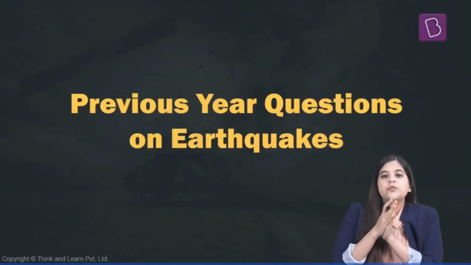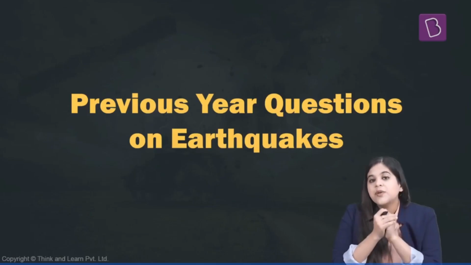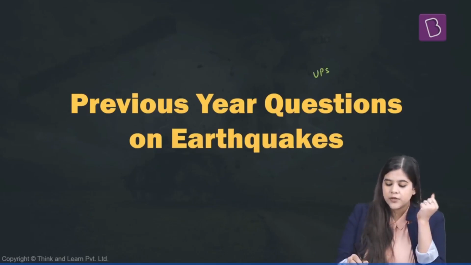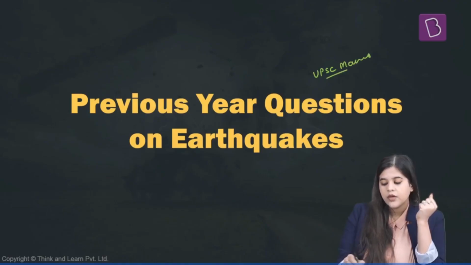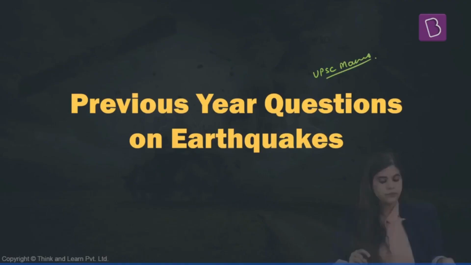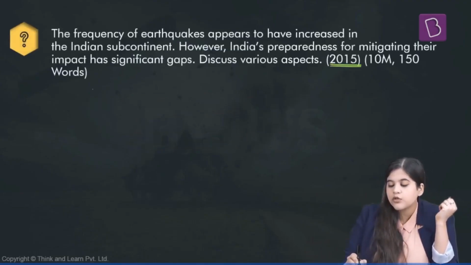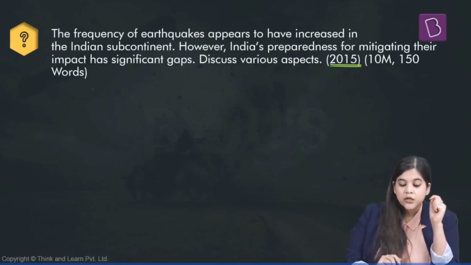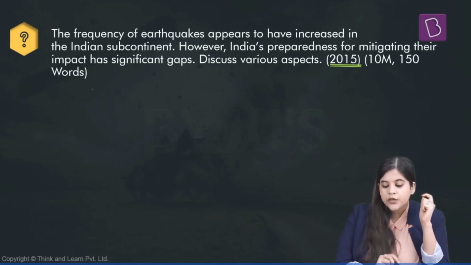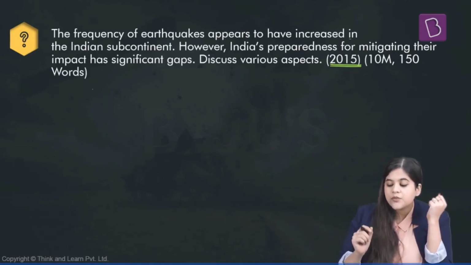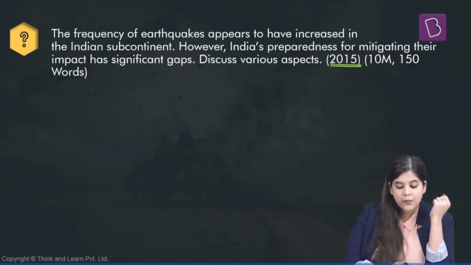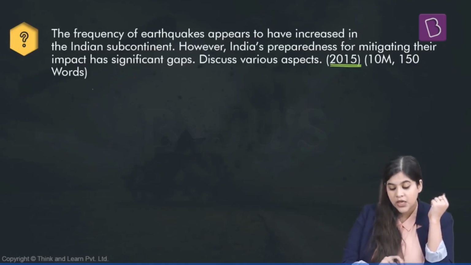Let us now come to the previous year questions that have been asked in UPSC Mains regarding earthquakes. So the first question is from the year 2015. The frequency of earthquakes appears to have increased in the Indian subcontinent. However, India's preparedness for mitigating their impact has significant gaps.